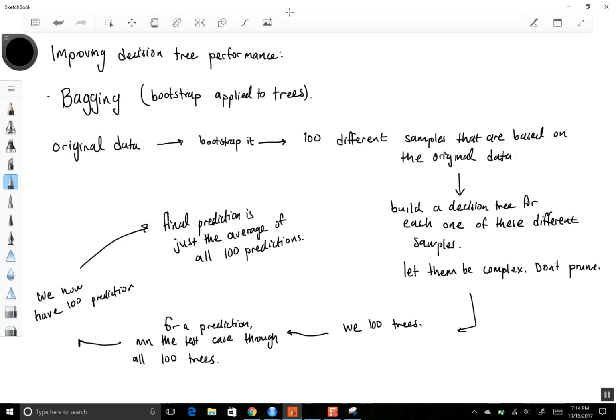Whereas before we just had one criterion that says, was the person over age 30 or under age 30? And based on that, we can make a prediction. But now, one tree used the criterion, is the person over age 30 or under 30? Another tree used, is the person over age 35 or under 35? And another tree said, is the person over age 18 or under 18?